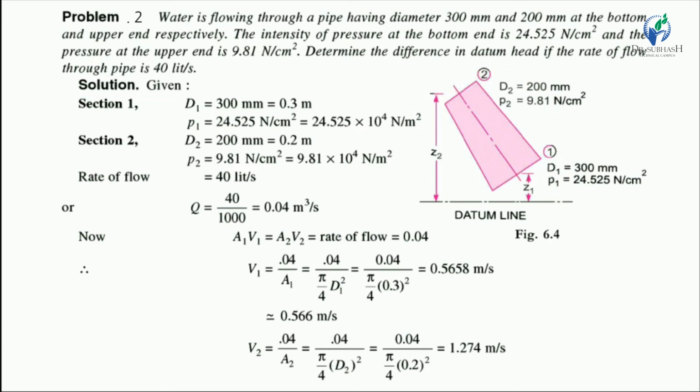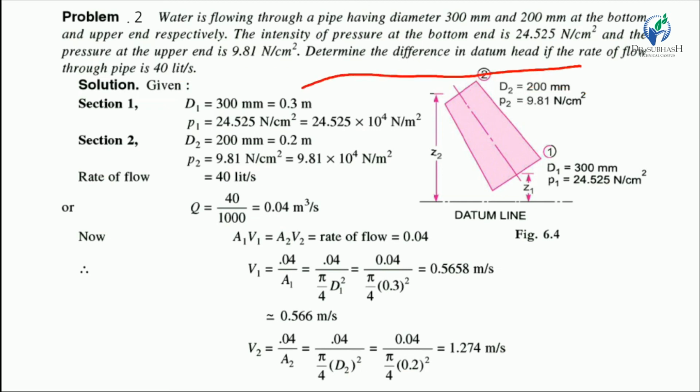The intensity of pressure at the bottom end is 24.525 Newton per centimeter square. Now the pressure intensity at the upper end is 9.81 Newton per centimeter square.